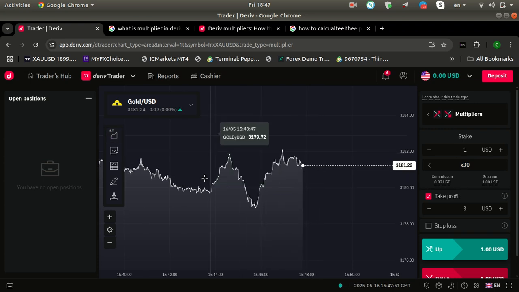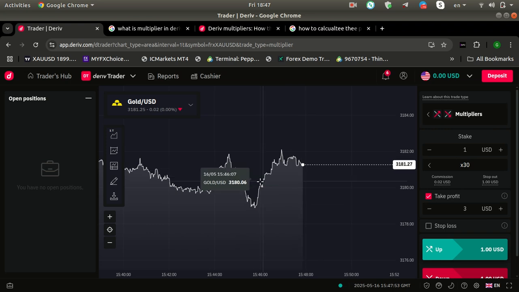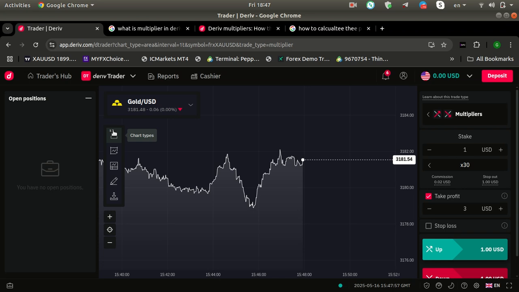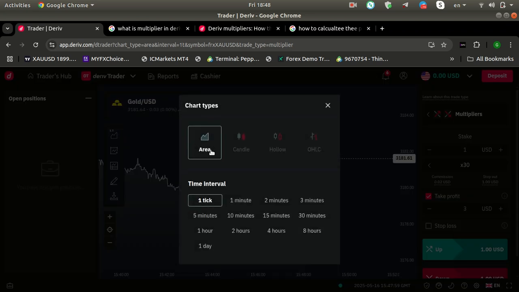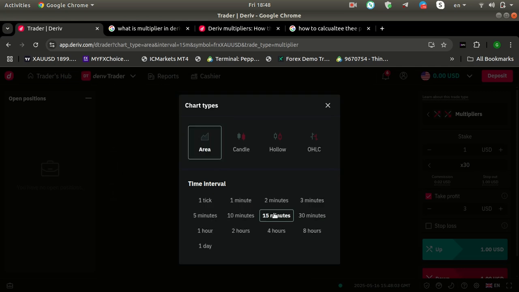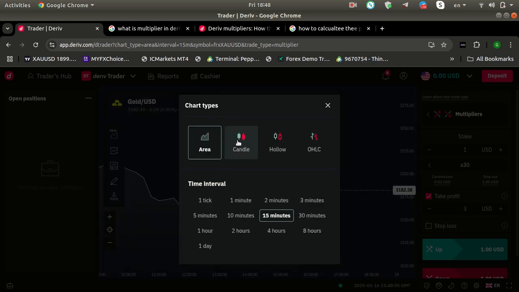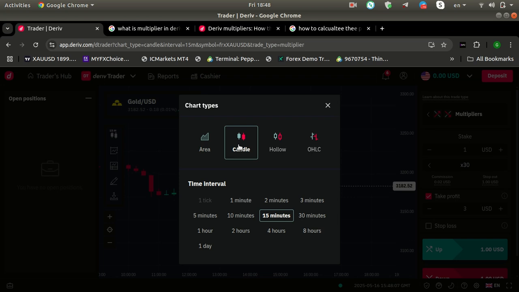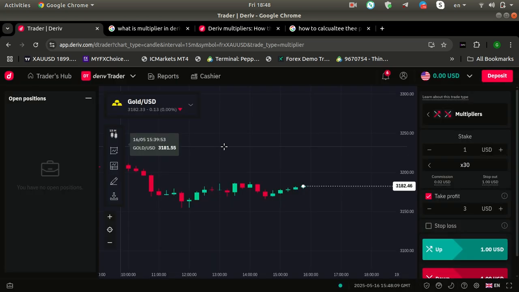Let us customize the chart and change the chart type. Click on the chart types option, change it to like 15 minutes, and then change the chart type to candle. Alright, and close that.